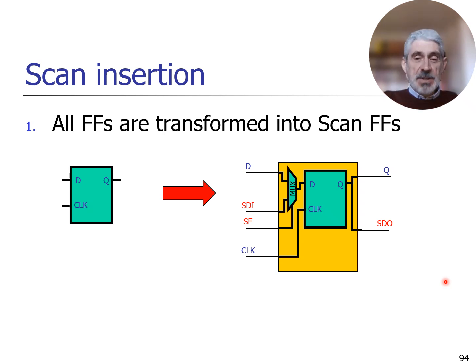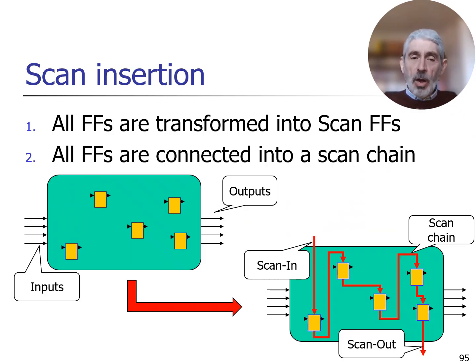So all flip-flops are transformed into scan flip-flops, having these two additional input signals, the mux in front of the data input, and an additional output signal, which is the serial data output, SDO, which is simply a copy of the data output Q.